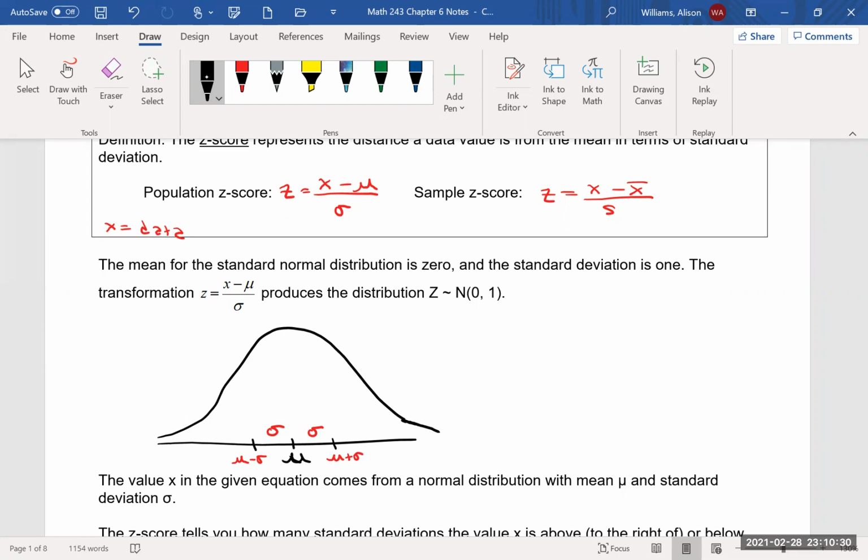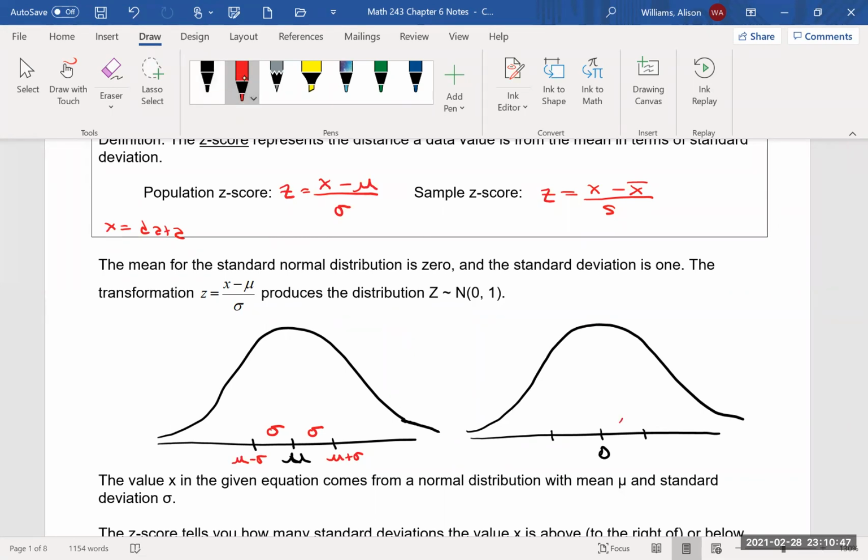For the standard normal distribution, the mean is 0, and therefore that center value is 0. So when I go above and below the mean, the standard deviation I'm using is 1. So this is +1 and -1.